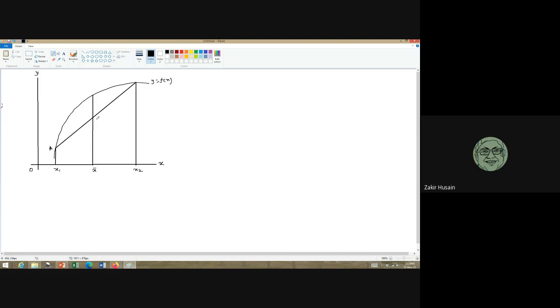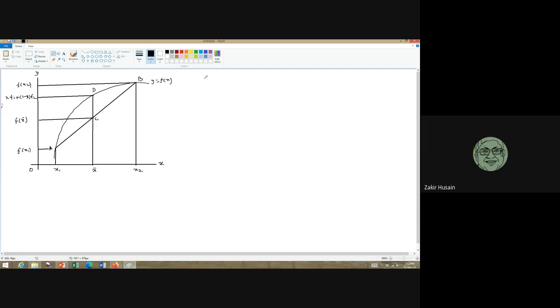Okay, this is A, this is C, this is B, this is D. Okay, so this is f of x1, this is f of x2, this is f of x bar, and this is lambda f1 plus 1 minus lambda f2.